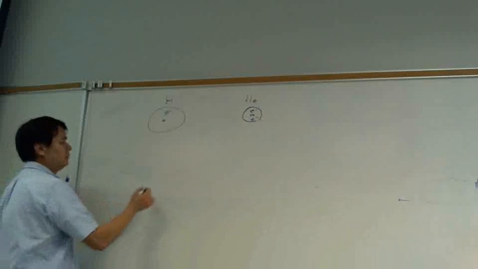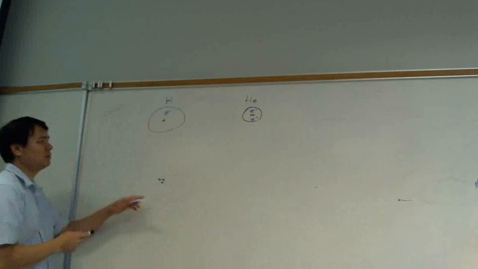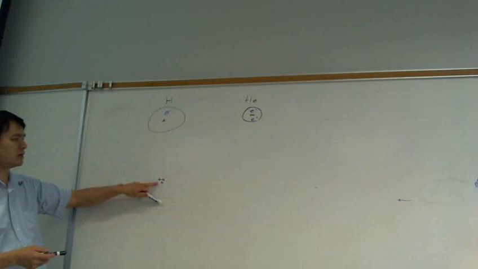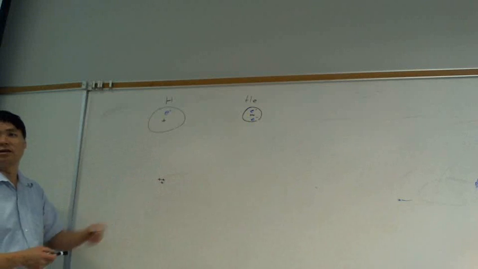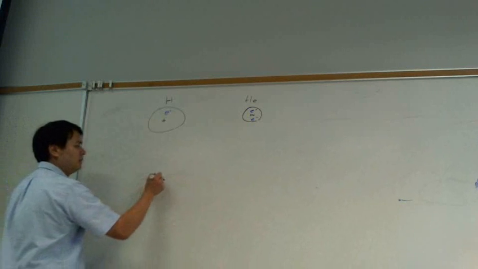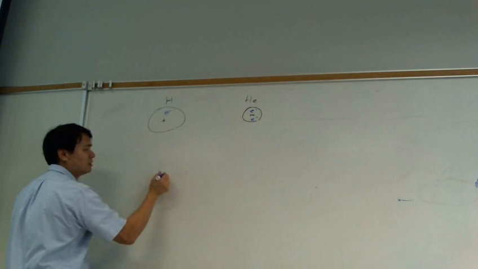And so when we get to lithium, we are predicting that when lithium has 3 protons, 3 positive charges here, then the electron should be pulled in very tight to the nucleus. Did I draw this?